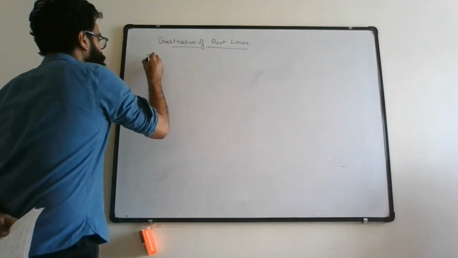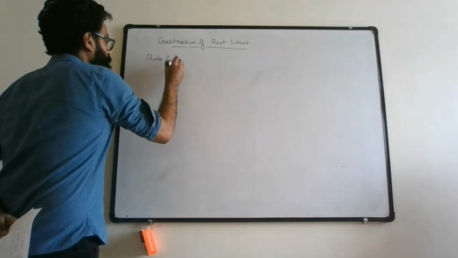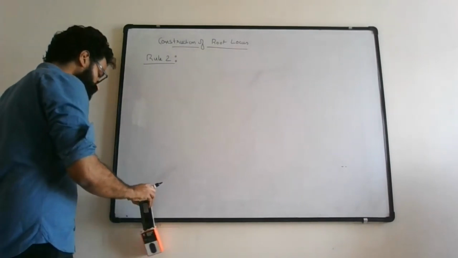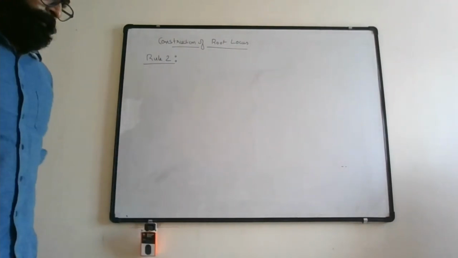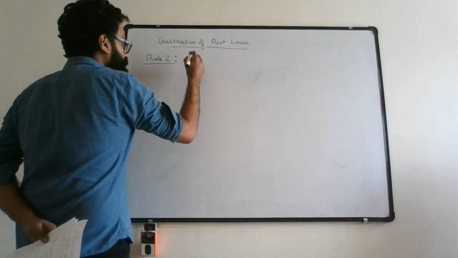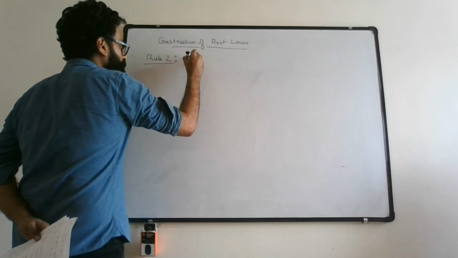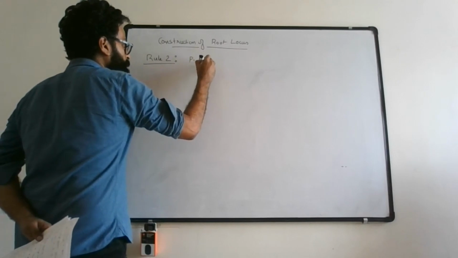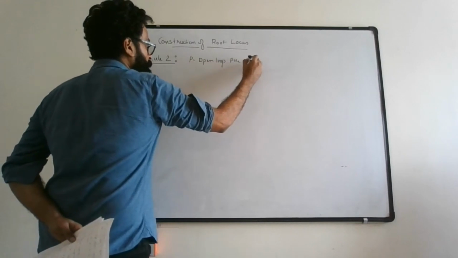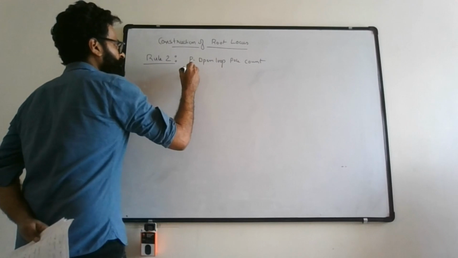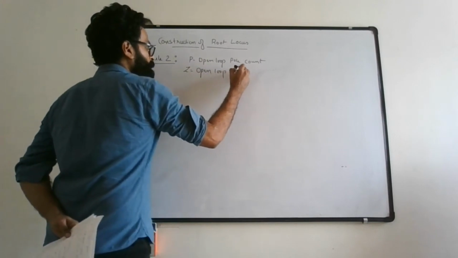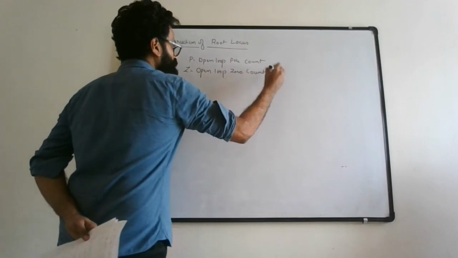Rule 2 is about the information of open loop poles and open loop zeros. So let us define: P is equal to open loop pole count and Z is equal to open loop zero count.